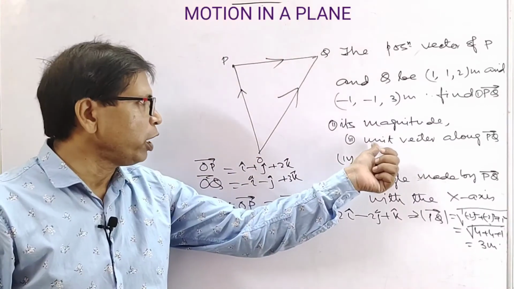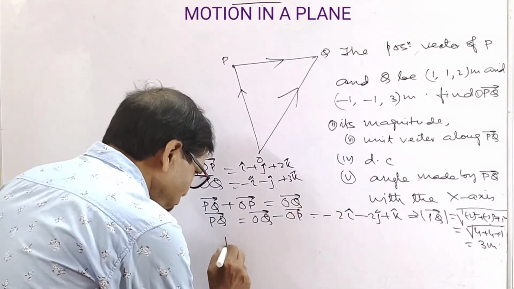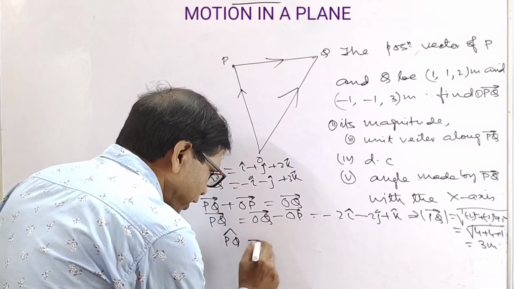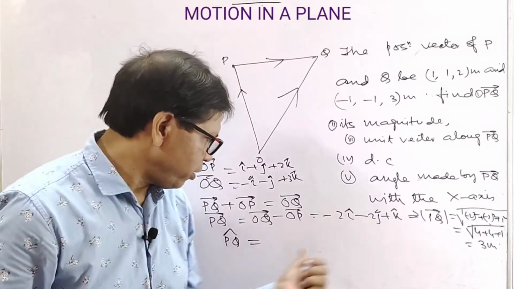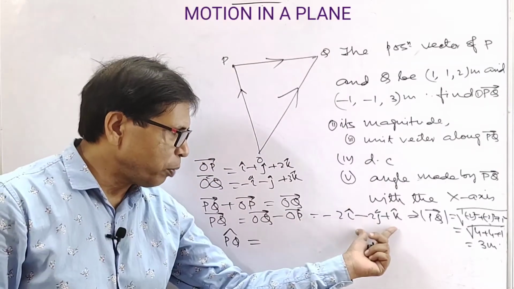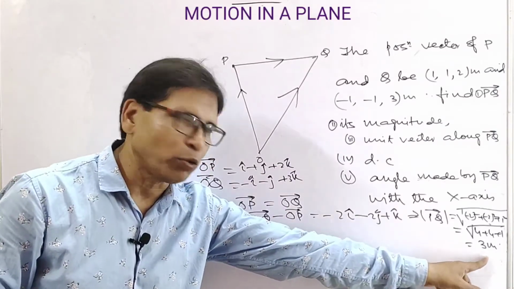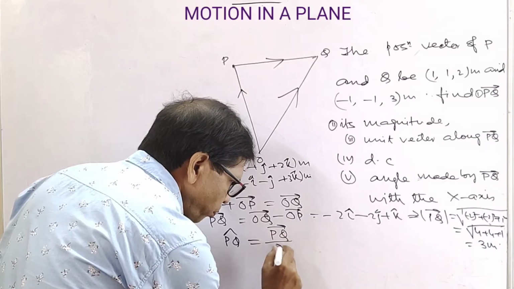Okay, now the unit vector along the PQ vector. The unit vector along the PQ vector is the PQ vector divided by its magnitude. So this is the PQ vector by PQ.